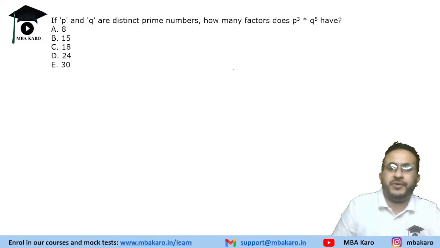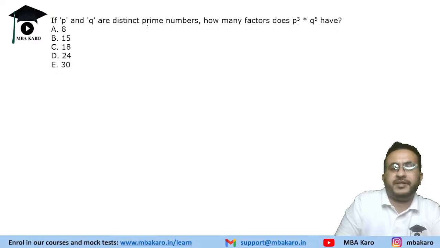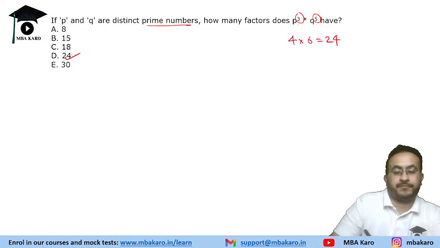So it's a very simple question. See, wherever you have prime numbers, add 1 to the powers: 4 into 6, you have 24 factors.